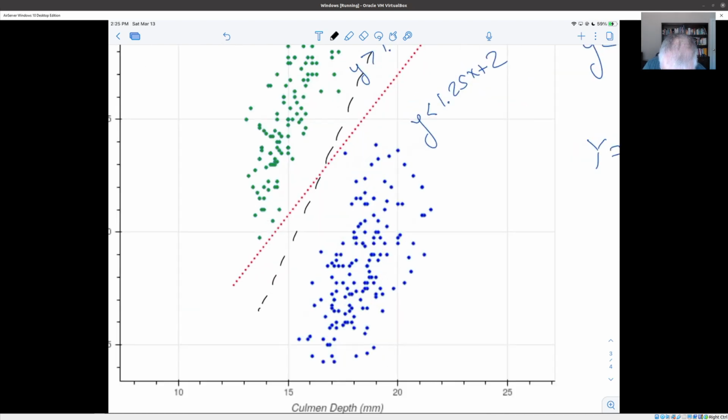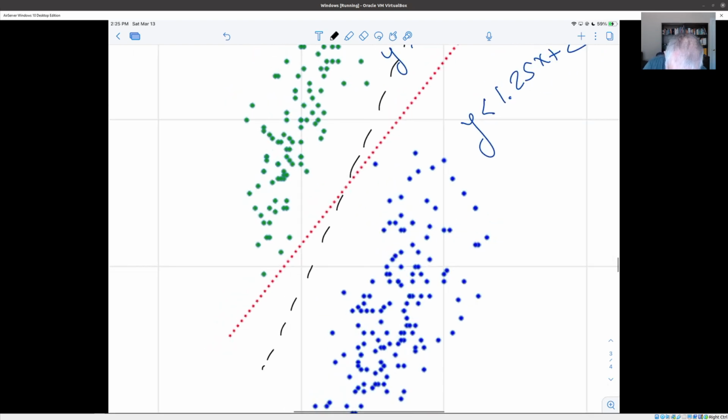So I'm going to blow this up a bit here. If you look at my original red line, if I measure from this closest blue dot to the dotted line, and I'm eyeballing this, but maybe from this closest green dot to the line, that gap, which I get by taking a parallel line on either side through the closest points, this gap here is called the margin.